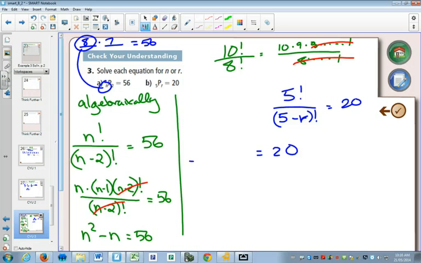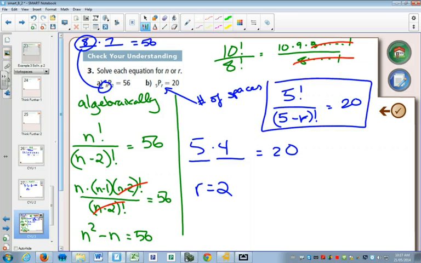I know there's going to be spaces. r is the number of spaces. Will it be 1? No. 5 is not equal to 20. So add another space. Will it be 2 spaces? Yes. So r is equal to 2. You can do that on those ones, and they won't say algebraically in that case because there isn't an algebraic way to solve that.